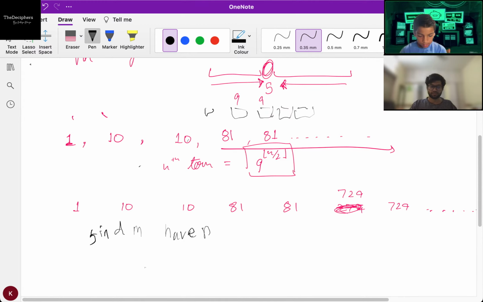I think it's just the sum of it. So I just have to keep adding. This will be 9 actually.